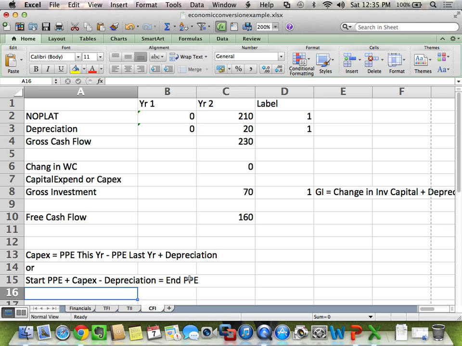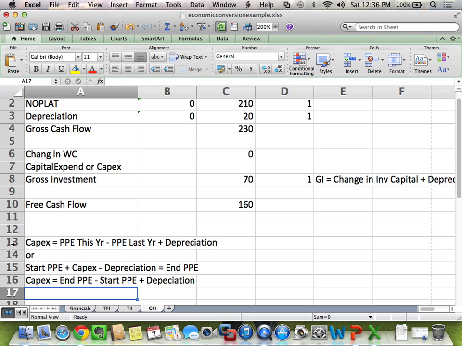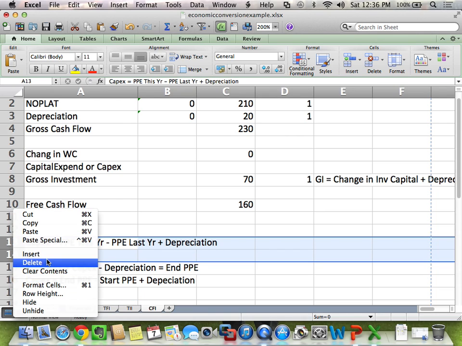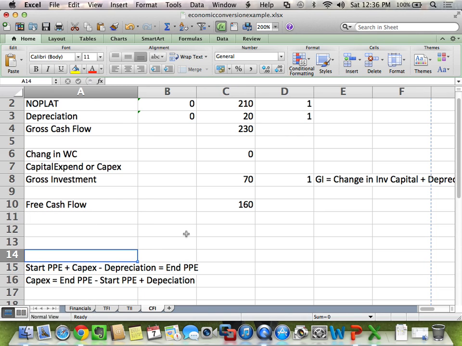That's just accounting, right? So if I rearrange, Capex equals my end PP&E minus my start PP&E plus depreciation. It's easier to see it that way. Everybody see that? So that's the point.